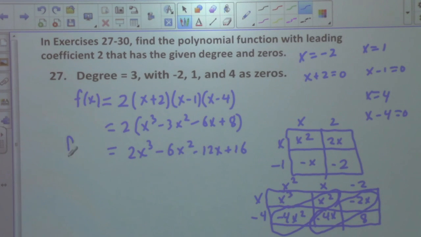Okay, what I want you to do is put this in your calculator and see if that meets the conditions of the right zeros. You can just see in the calculator where that is.